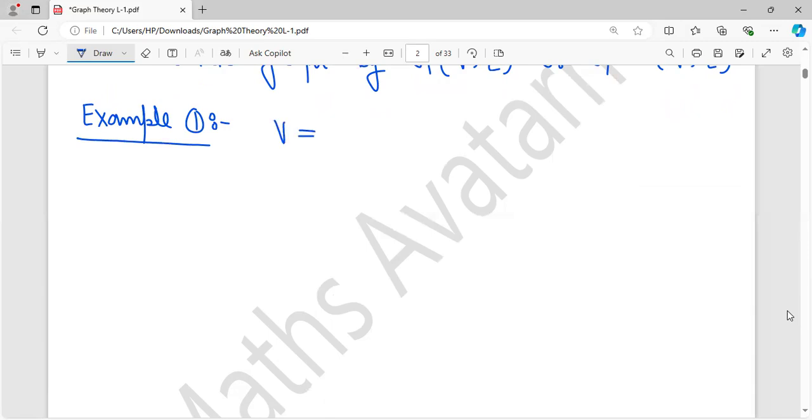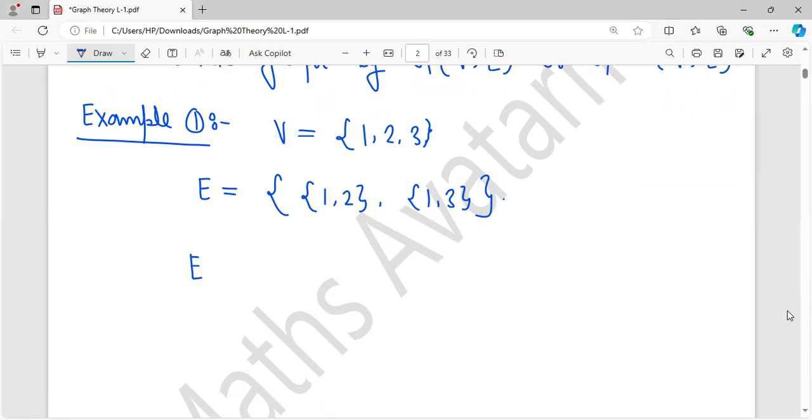Let V is equal to 1, 2, 3, and E is equal to 1, 2 and 1, 3. Now see that E is a subset of V cross V, and E is unordered.